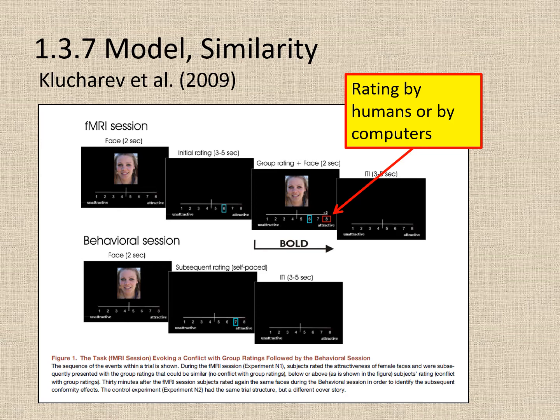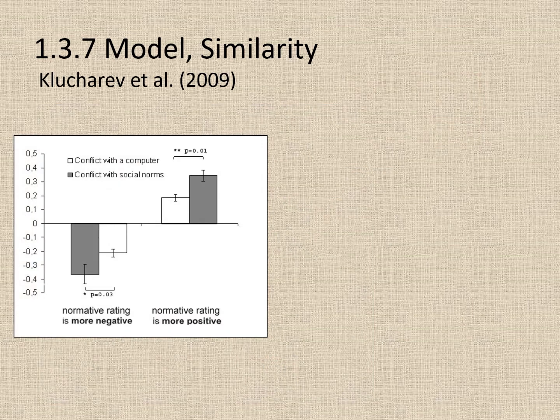So they conform. We have conformity here. But we see that the degree of conformity is bigger if the others are humans like themselves compared with if the others are computer software. So we conform more with humans than with computer software.